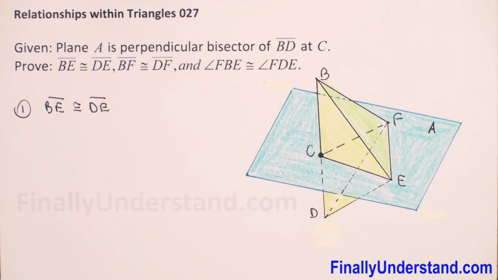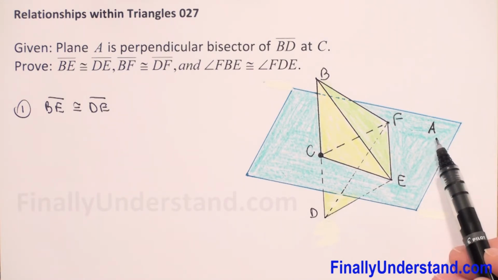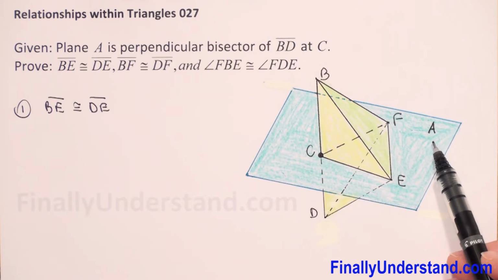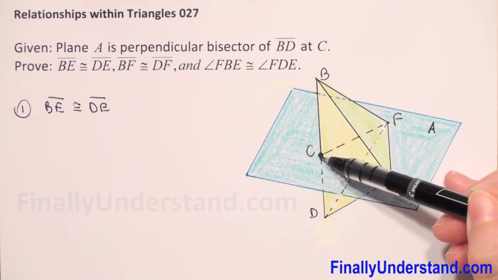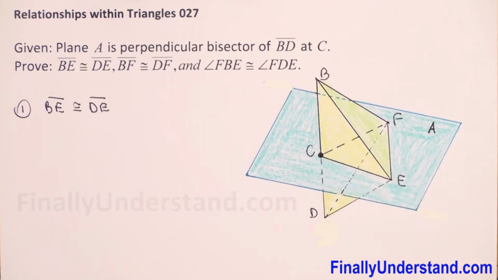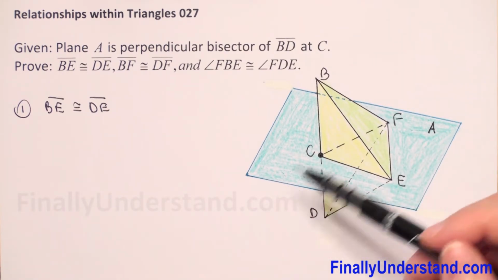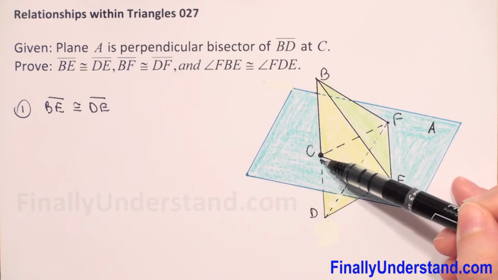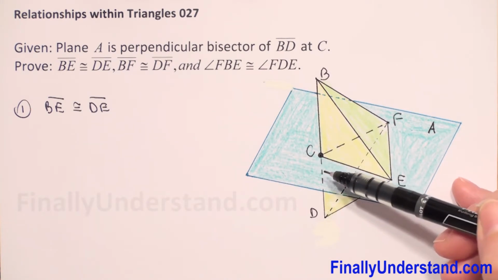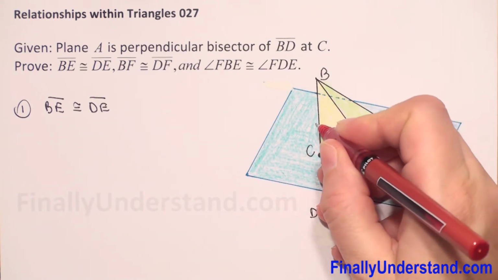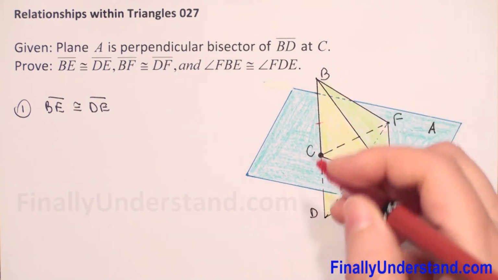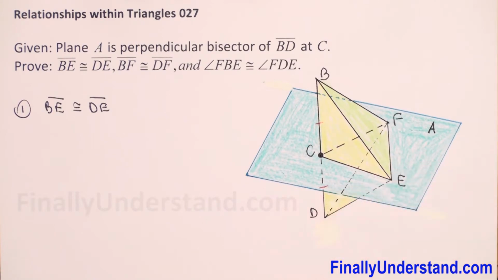We have given that plane A is the perpendicular bisector of BD segment at point C. It means that BC segment is congruent to DC. So we can put a red mark on segment BC and CD.